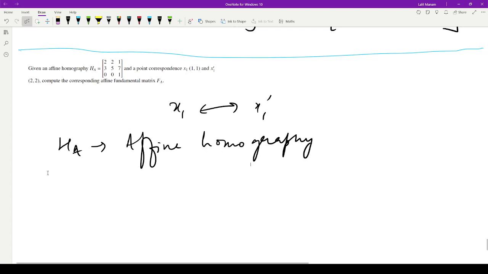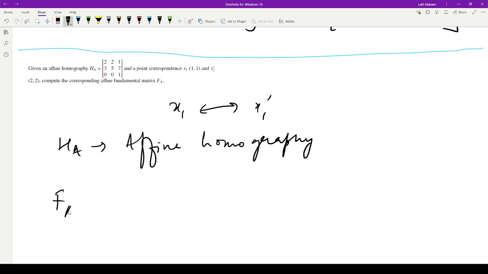Yes. Why do you say that? The last row is 0 0 1, so it's an affine transformation. You can just say it as affine homography. What do we need to find?